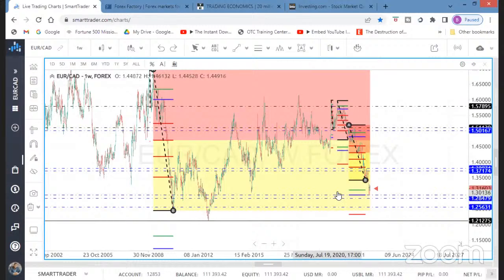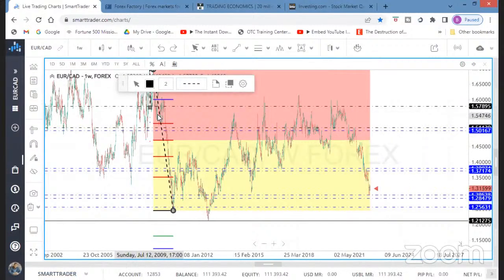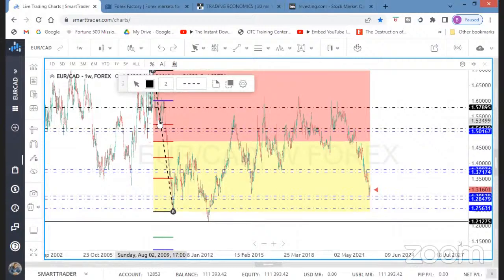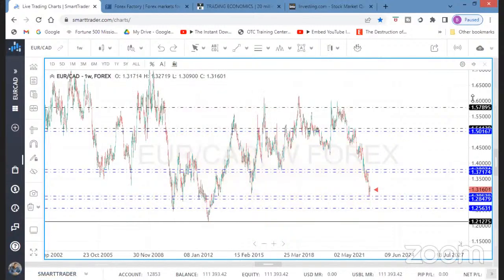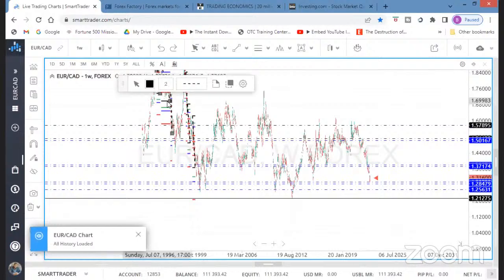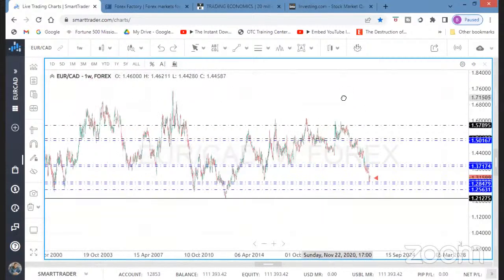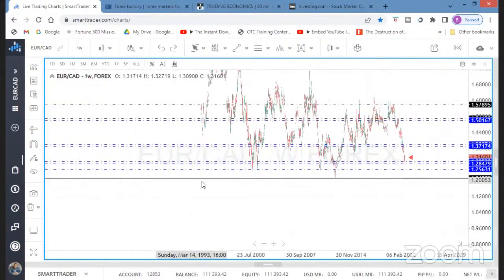See how that's extended. So even if you look, take this off, everybody. Sometimes just look at the price action, right? Let's look at it for what it is. Let's clear this out. We're moving on the Euro pairs because of everything that's happened.